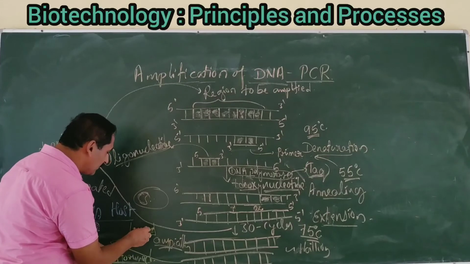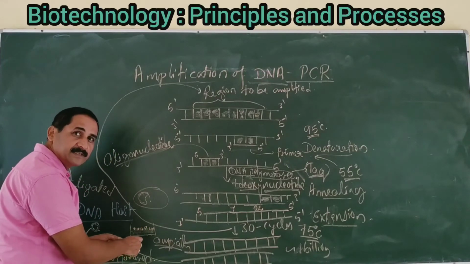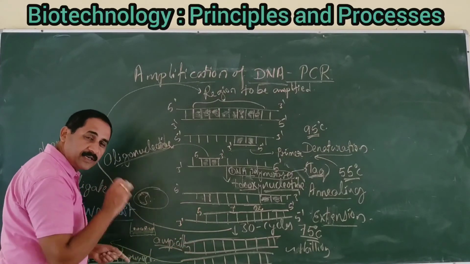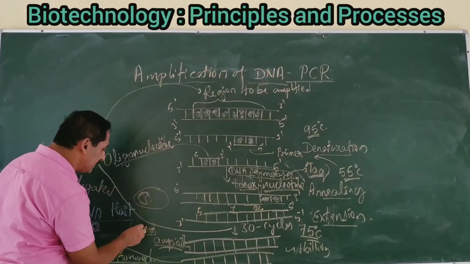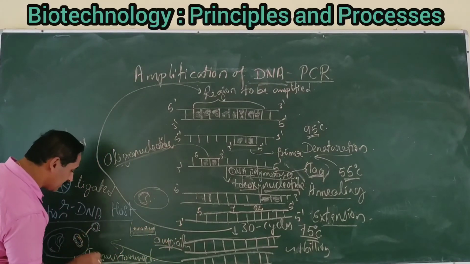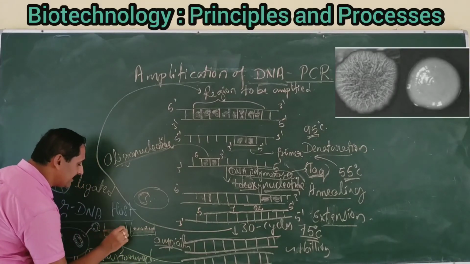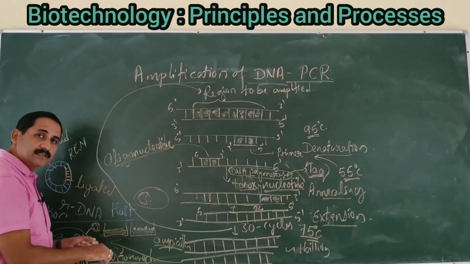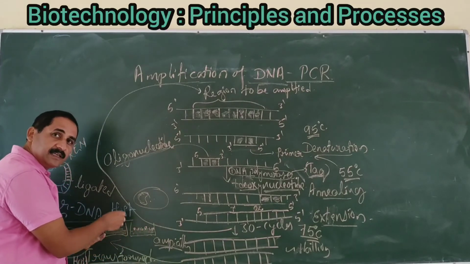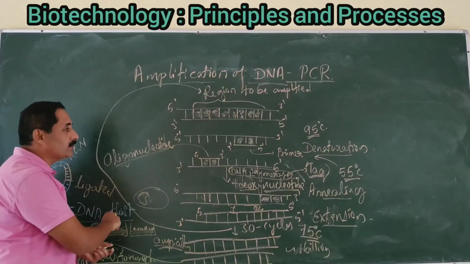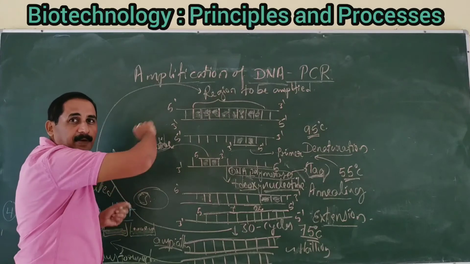So we select the recombinant and separate it from non-recombinants. Such recombinant transformed bacteria is cultured in a culture plate in the laboratory. After culturing in sufficiently large quantity, we have to put it into a bioreactor.